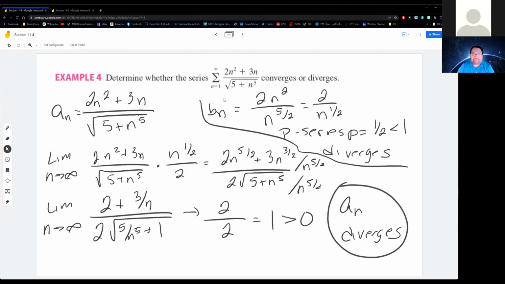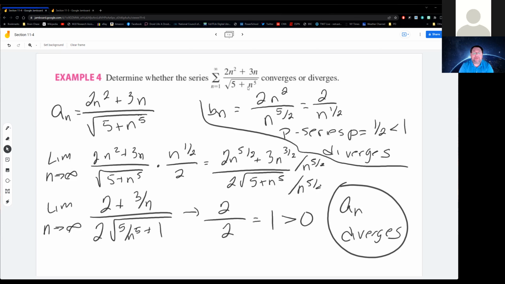So that's the thing. The comparison test really takes problems that look really complex and gives us a way to simplify them down so we can look at something simpler. And that's why I was saying that p-series and geometric series are going to be your two best friends. Because if I can get it to a p-series or a geometric series, I'm done. I can tell you almost instantaneously if they converge or diverge.